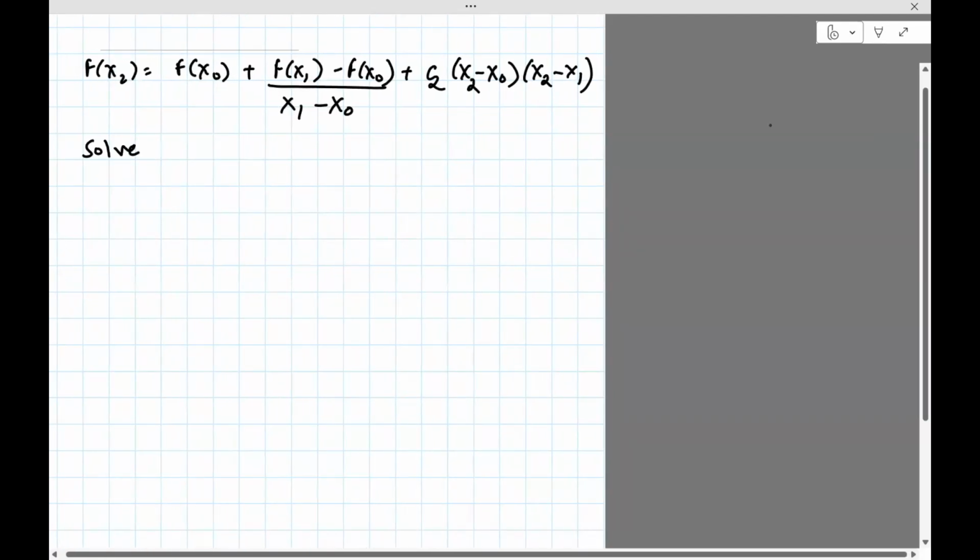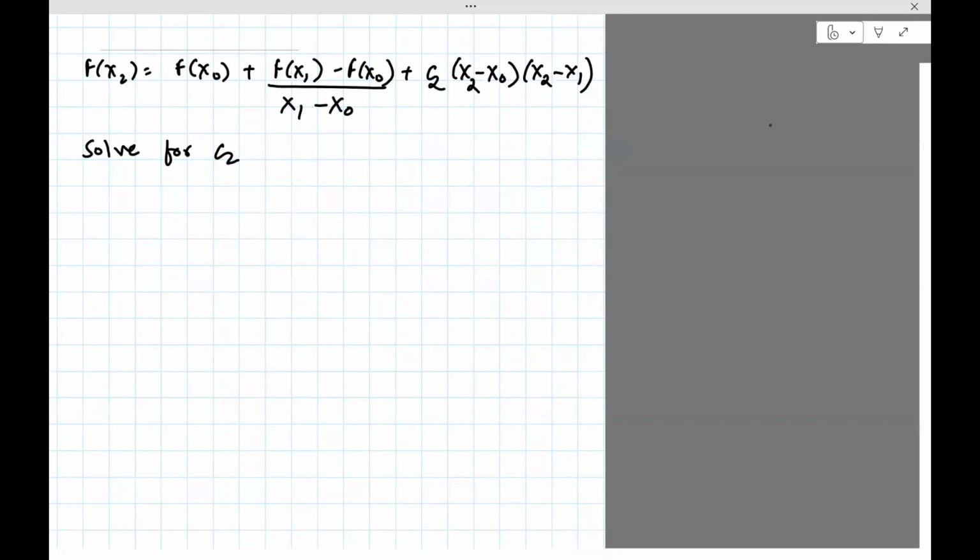So solve for C2. Now solving for C2 requires a little bit of moving things around, and I'll just skip that.